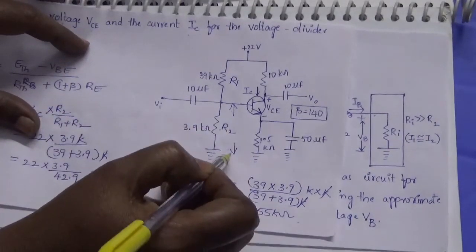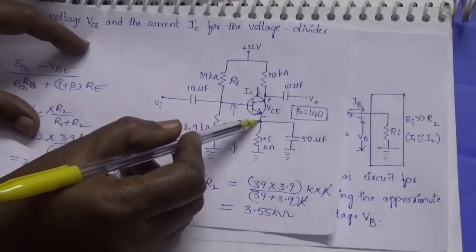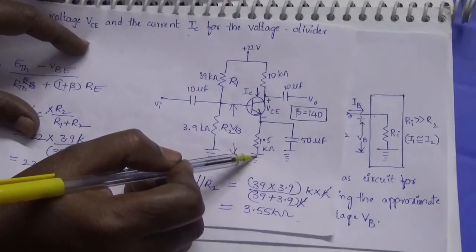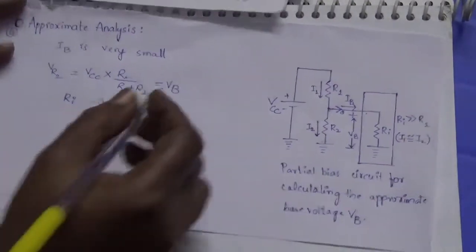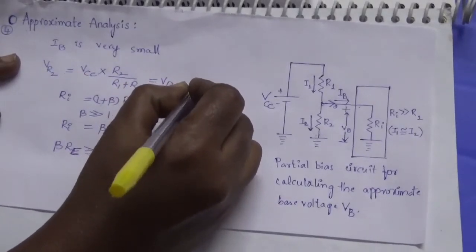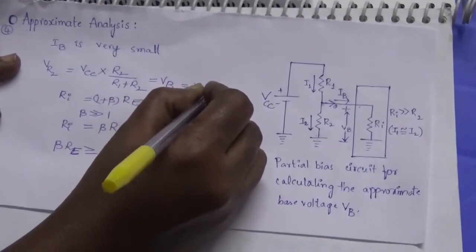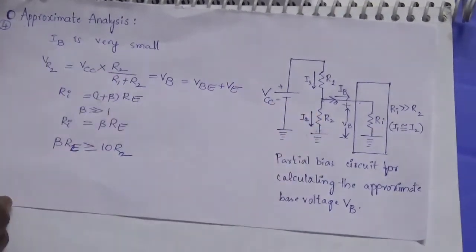This VB is nothing but VBE plus VE. We can write it, right, VBE plus VE. So this is VB and this is nothing but VBE plus VE. That is the drop across the emitter.